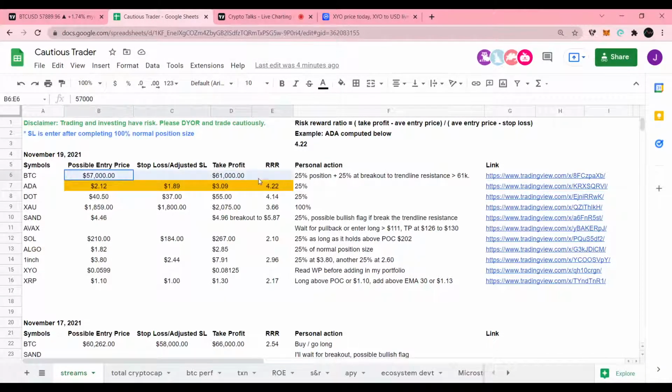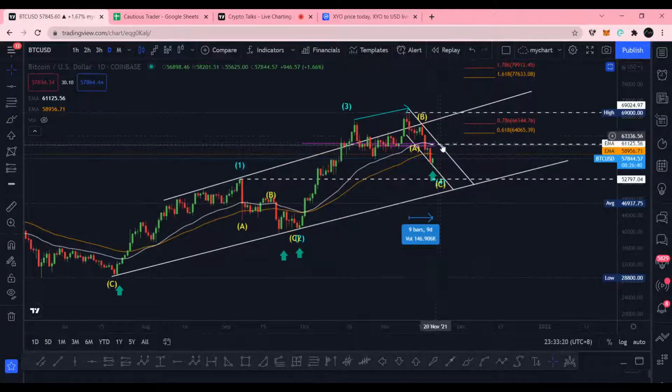So I'm just trading it based on a possible bounce. But of course, after it hits the 61,000, the point of control, that will be a more bullish confirmation of my trade. So I'll just add more.